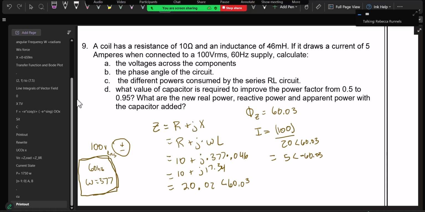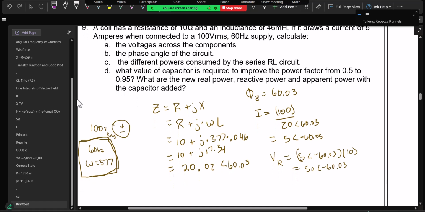Okay, so now the voltages across the components. The voltage across the resistor is 5 angle negative 60.03 times 10, or 50 angle negative 60.03.